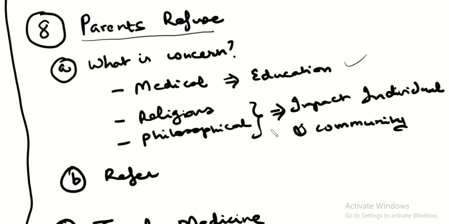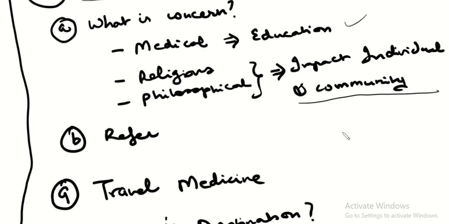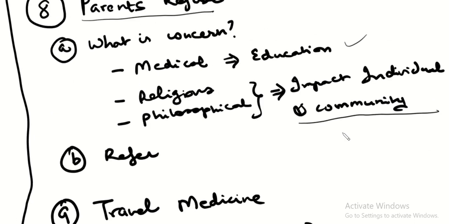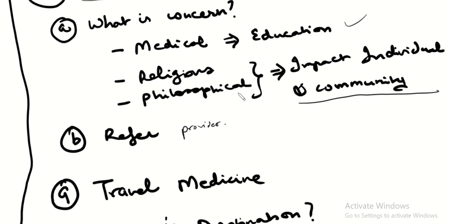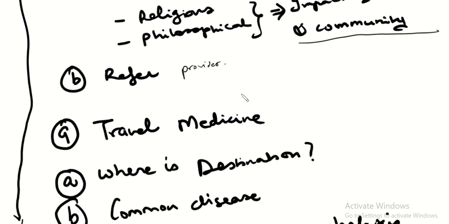If there's a religious or philosophical concern, we share with them the impact that the refusal to take vaccination would have on the individual and the impact that it will have on the community. And then we refer to the provider. So we educate and then we refer to the provider. So that's very quickly what to do when parents or patients refuse vaccination.